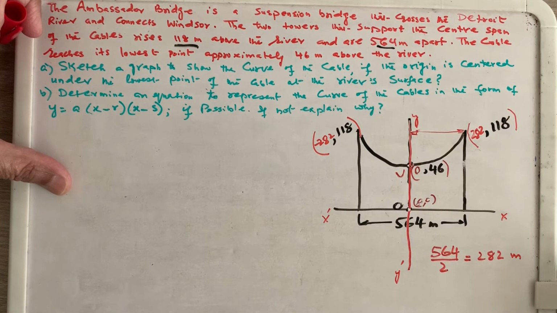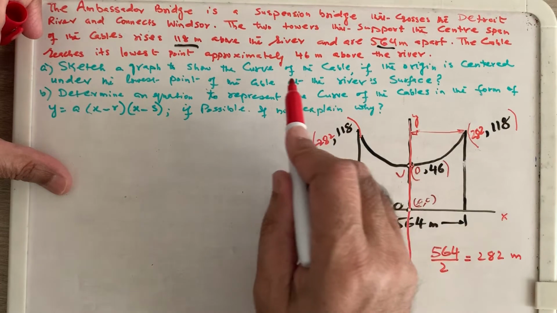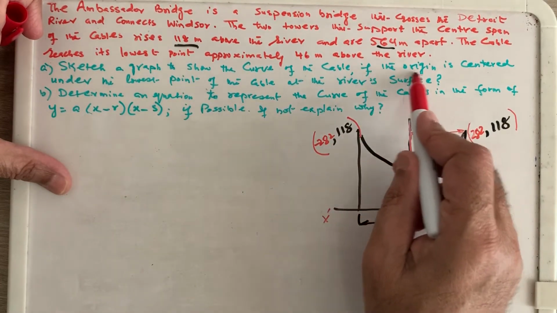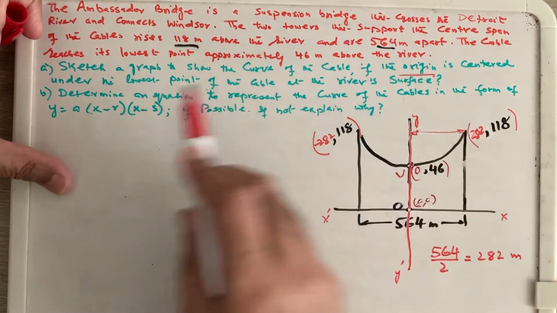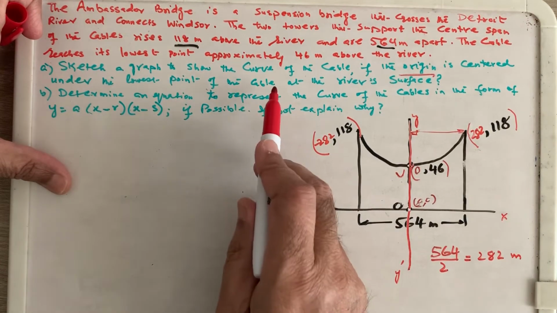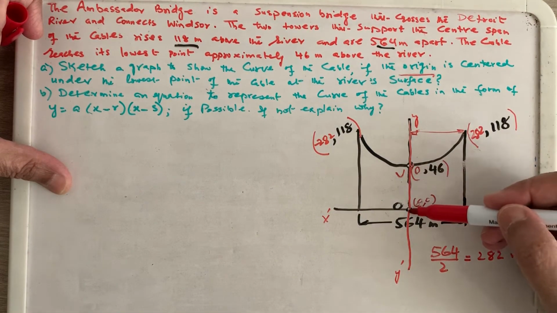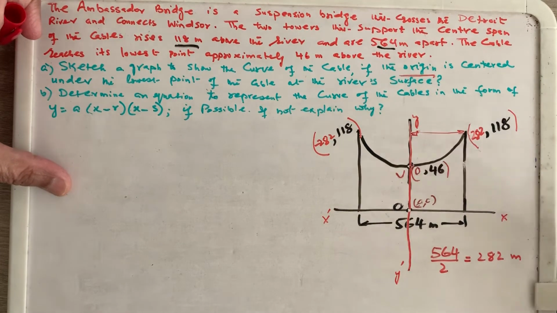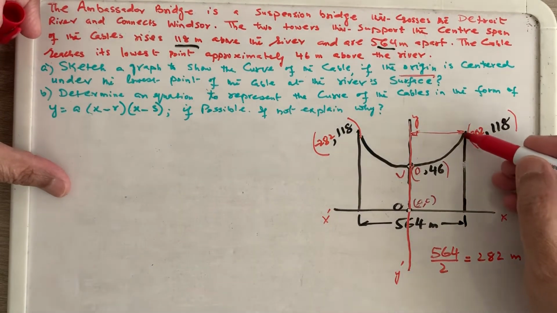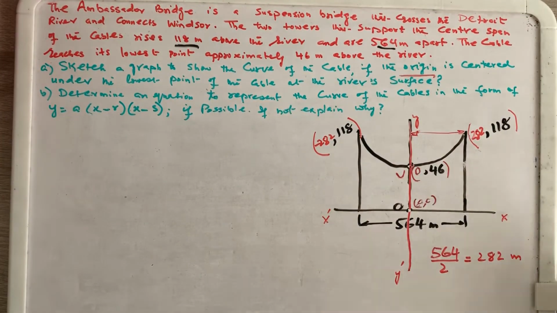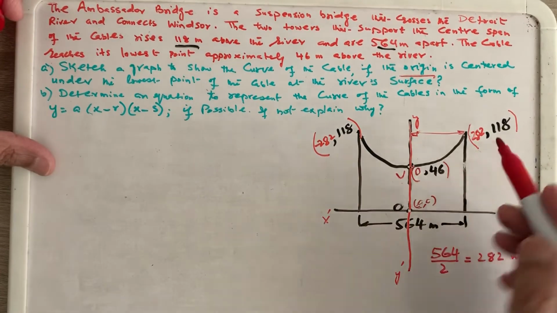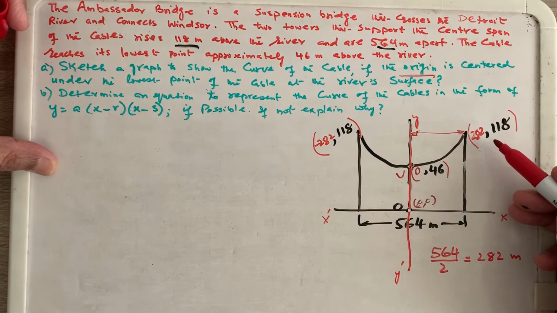So what was given? The important thing was that the origin is centered under the lowest point of the cable, so the vertex becomes 0 and 46, and these two points become minus 282 to the left and 282 to the right. So we have all these three points.